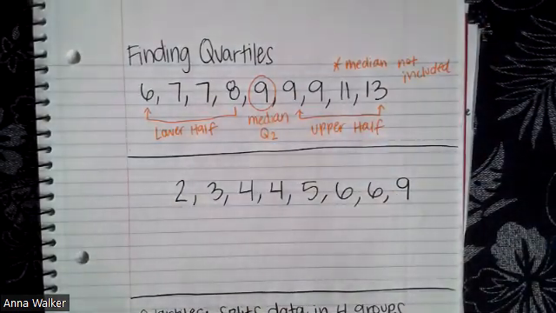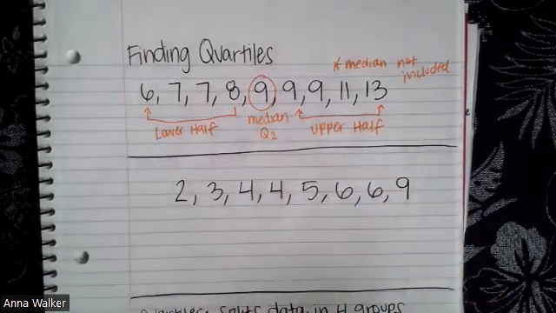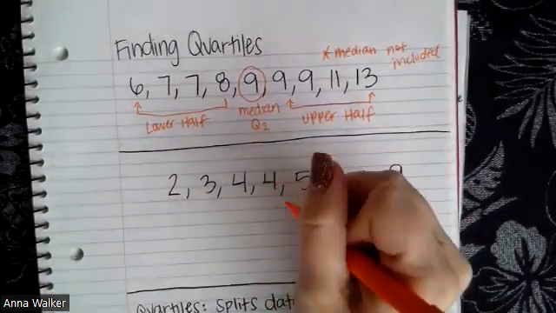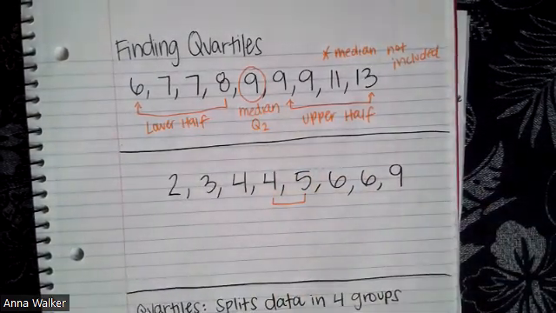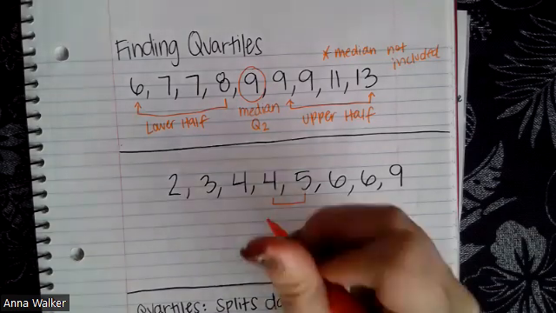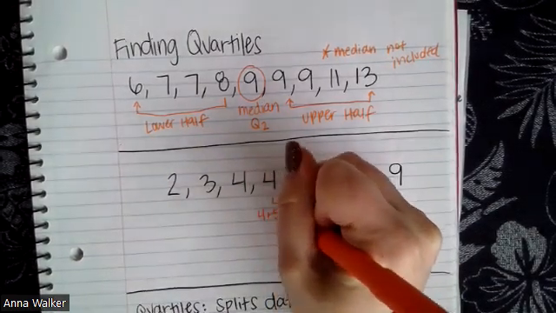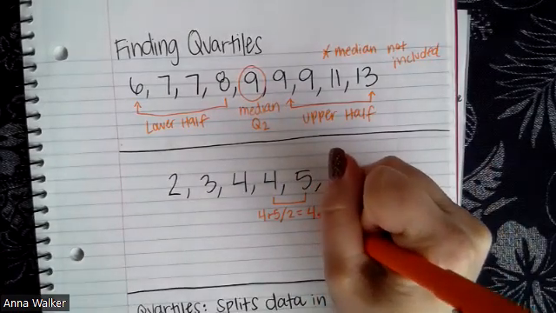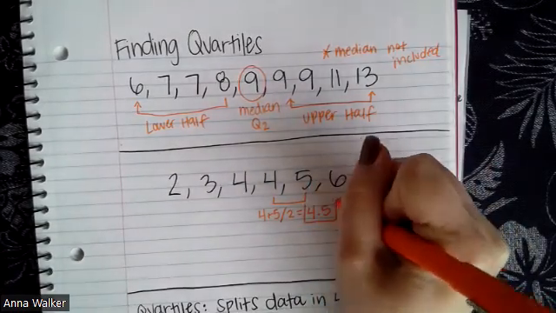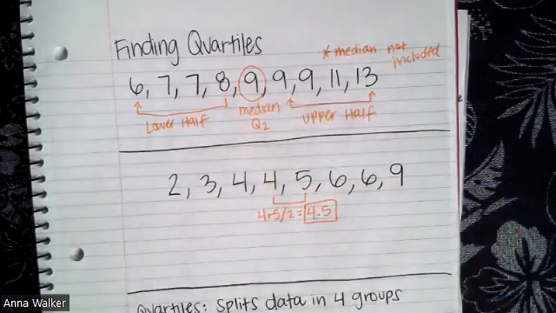However, when we are looking at a set of even numbers, our median, remember, if we have an even amount, is going to be the average of the numbers that fall in the middle. So in this case, 4 plus 5 divided by 2 is equal to 4.5. So that is technically our median of the data set.